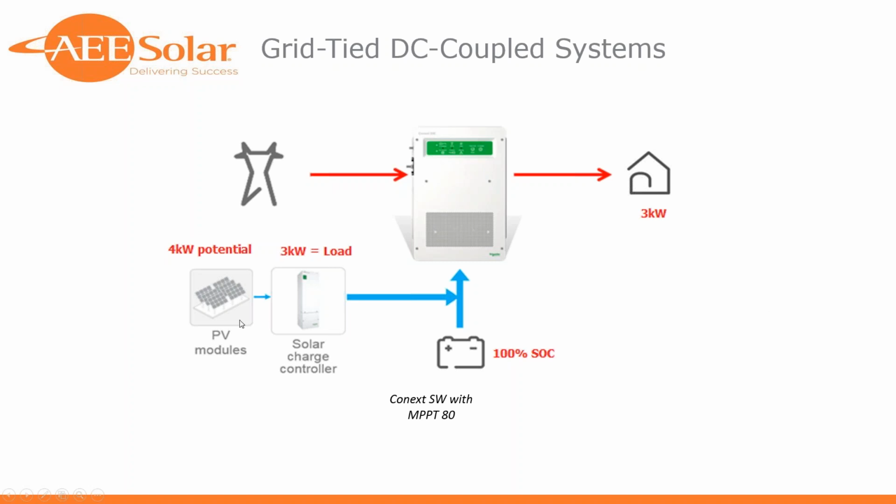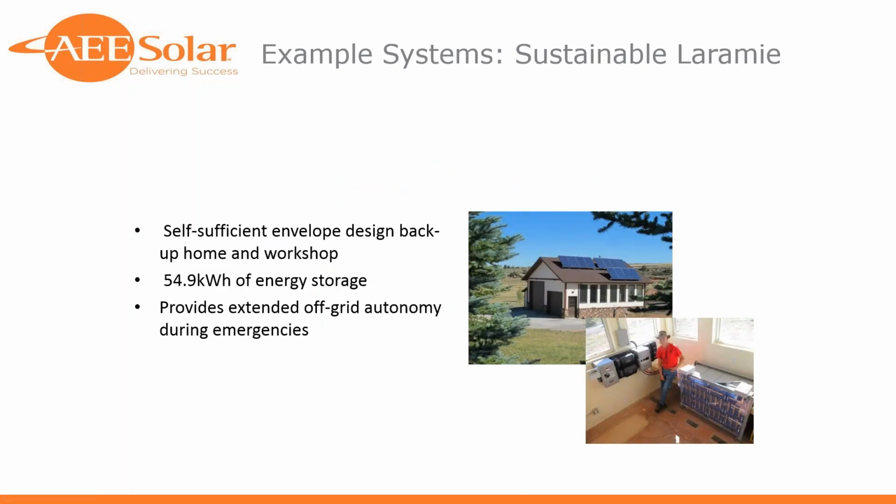And then, of course, we can supplement that by inverting from battery or inverting from PV. This is not a bidirectional power flow because the SW has some control circuitry that doesn't let you sell back to the grid. So it's a little unique from the Radian or from the XW or from some of the other products out there.